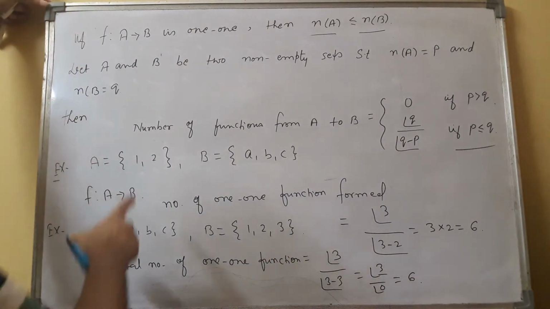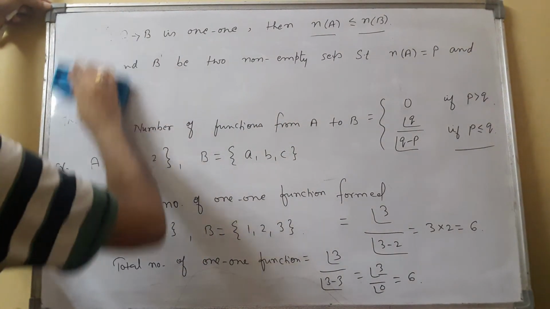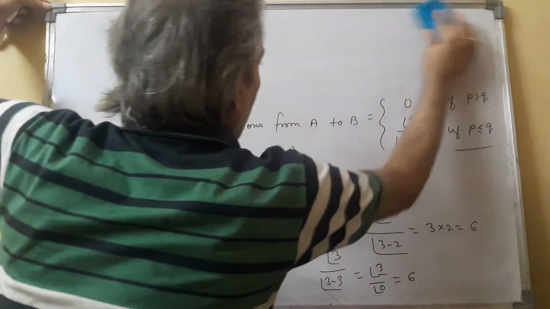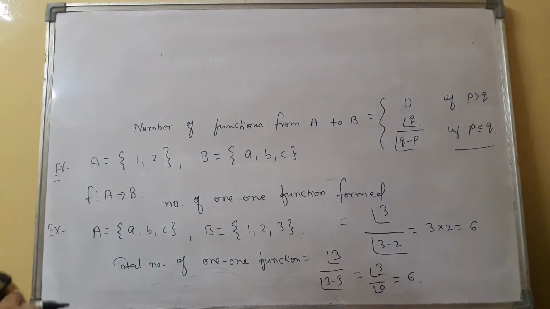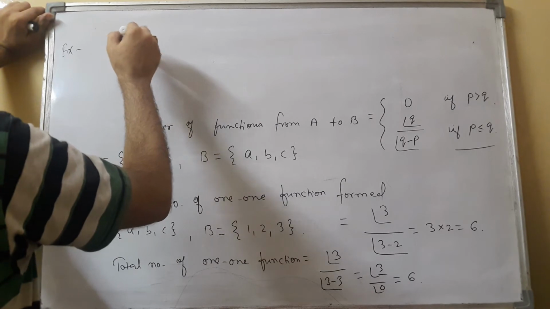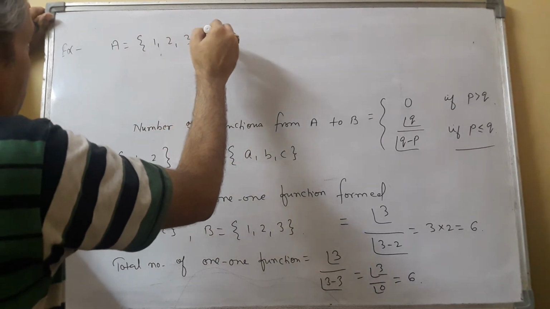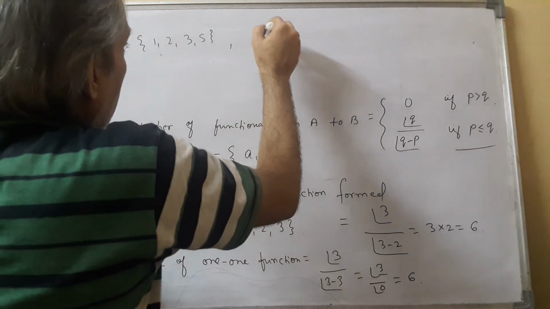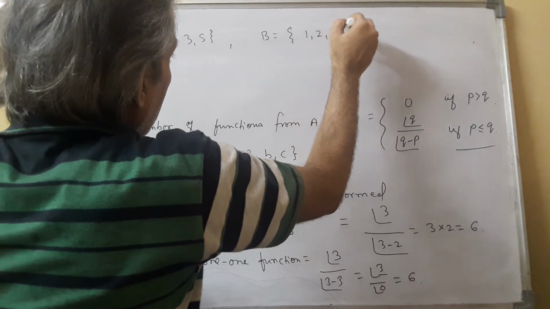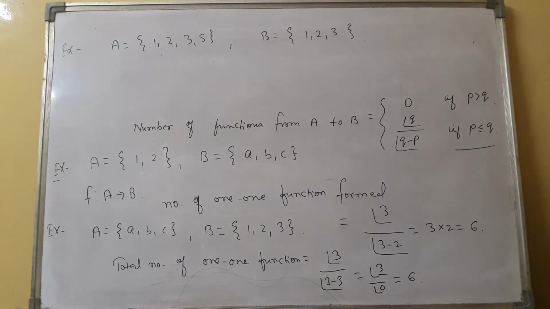एक और एग्जाम्पल लेते हैं. इसमें लेसर था, अभी ग्रेटर कर लेते हैं. Now let us take A equals to 1, 2, 3 and 5. It has 4 elements. Now set B has 3 elements.